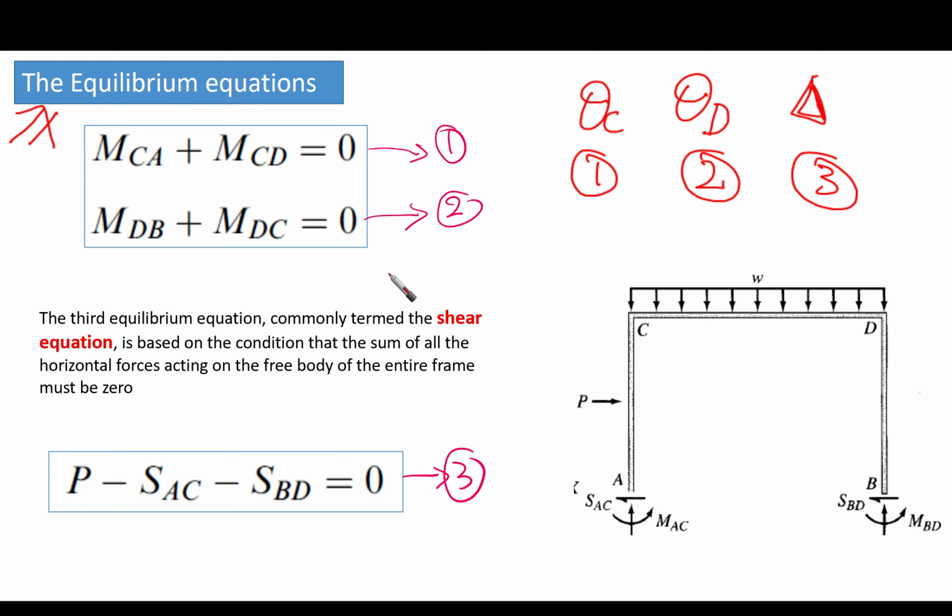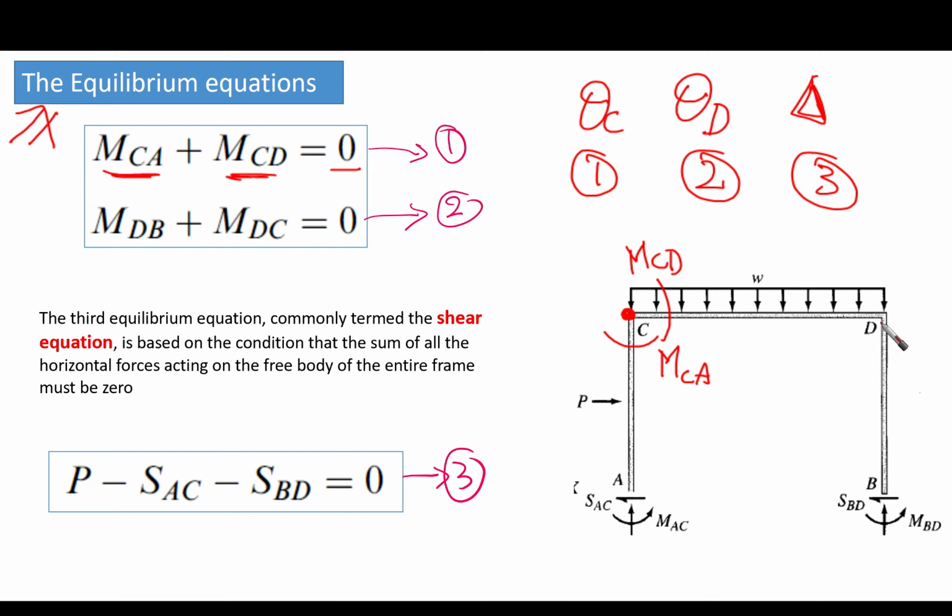The equilibrium equations tell us that the summation of moments at point C should be equal to 0. So we have the moment from side AC, which is moment CA, and the moment coming from member CD, which is moment CD. The summation of them should equal 0. So MCA plus MCD equals 0.